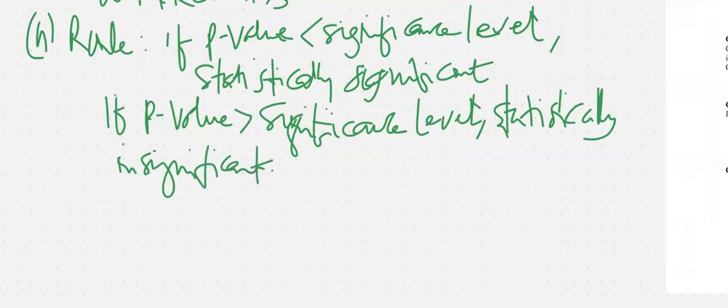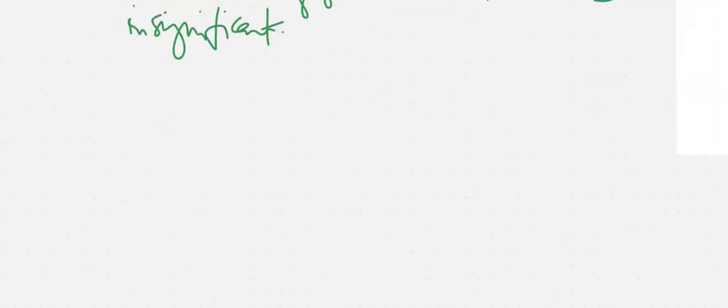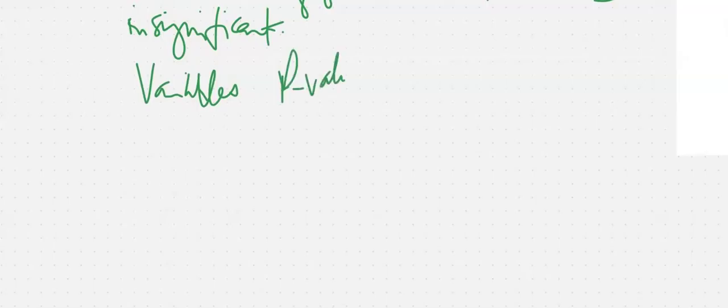All right, so that's the rule. So we go. I'll start with variables here. Then I'll come with the p-values. Then I'll come with significance level. Now I'll come with conclusion.